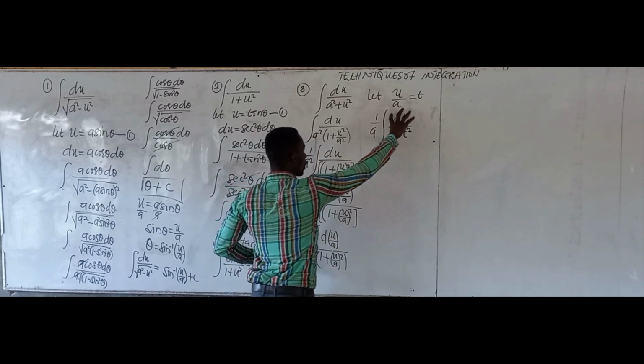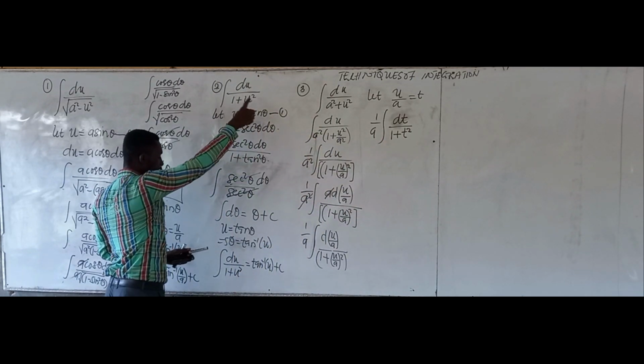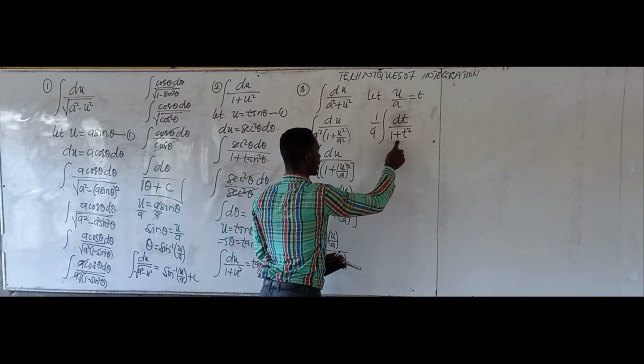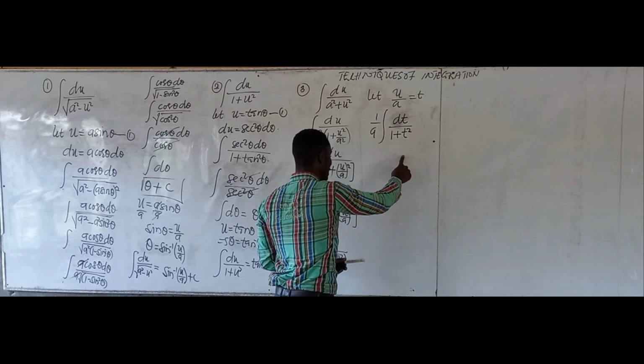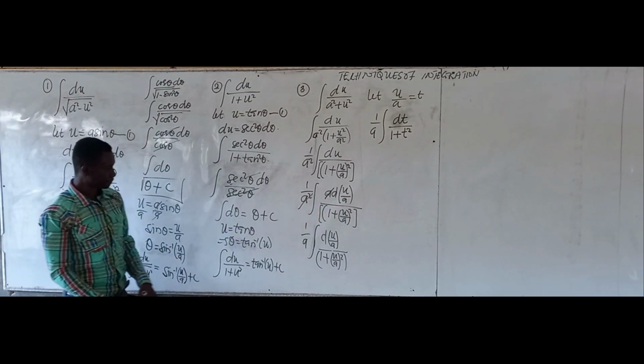So if you have this, just as du over 1 plus u squared gave tan inverse of u plus c, dt over 1 plus t squared means that we shall have tan inverse of t plus c. But only that 1 over a will multiply that.